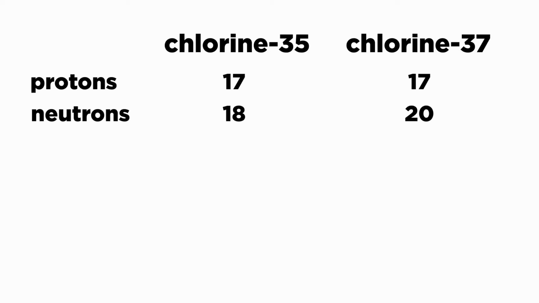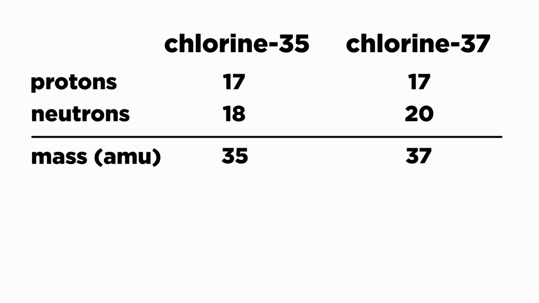For example, chlorine can be chlorine-35 or chlorine-37. All chlorine atoms have 17 protons, but they can have either 18 or 20 neutrons. However, about 75% of chlorine atoms are chlorine-35, and only 25% are chlorine-37. So the average is not 36 because there is much more chlorine-35 than 37.